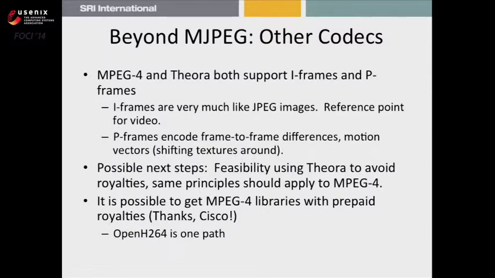So there's hope that we can adapt what we're doing pretty easily to MPEG. One of the issues that we've been stuck with in using MPEG is the royalty issue, but it looks like Cisco has paid for an open source implementation of H.264, which is an MPEG codec. That gives us hope that we can crack that open and start trying this out with MPEG.